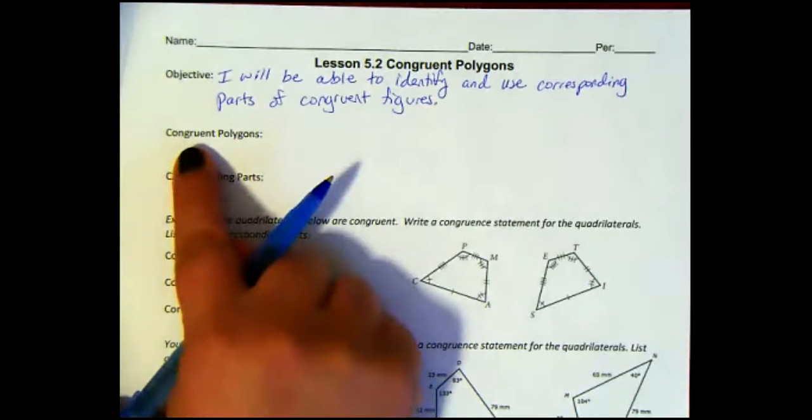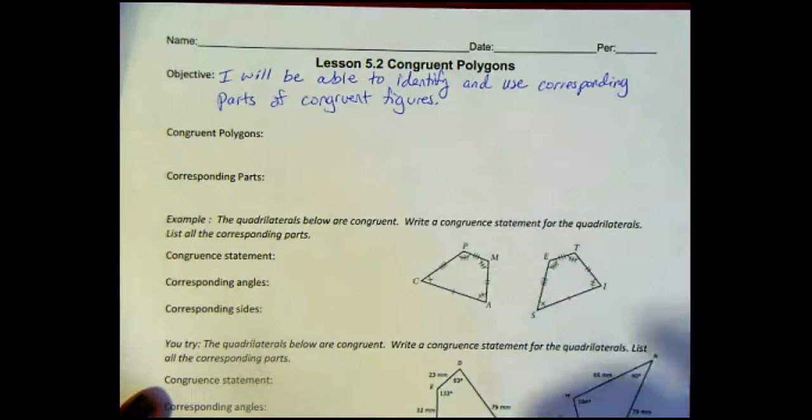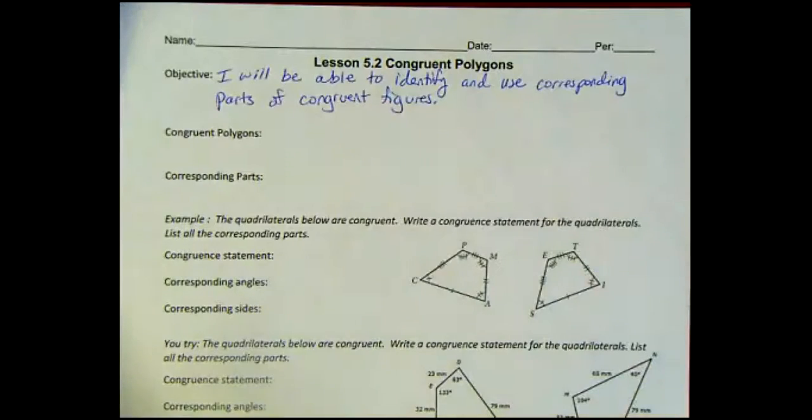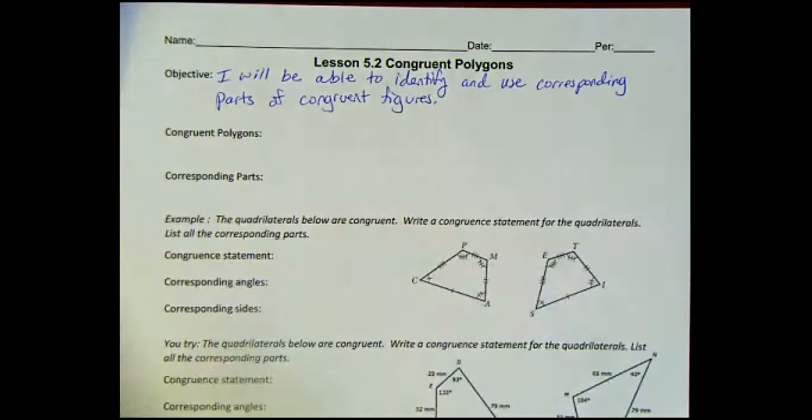And the word congruent is synonymous with equal. When we say congruent, we're talking about a general idea in geometry, like a general shape or figure. When we say equal, we're talking more in the algebraic sense for measurement. But essentially, they mean the same thing in two different realms.